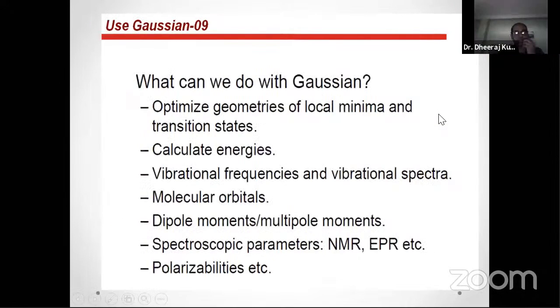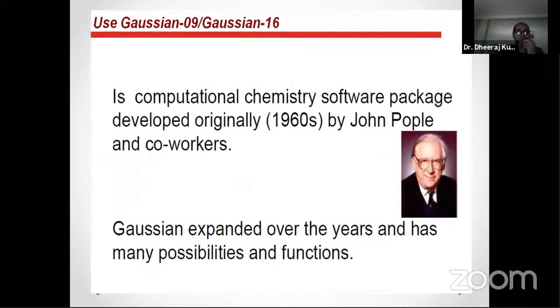So, in 1970, John Pople and his coworkers developed the Gaussian code. Presently, its latest version is Gaussian 16. With the help of these computational codes, we can find several physical properties.